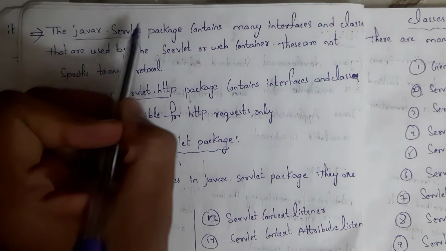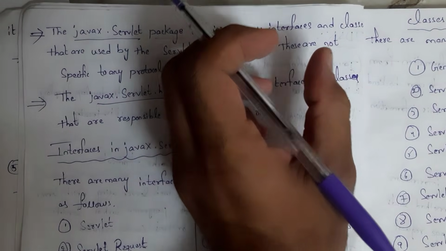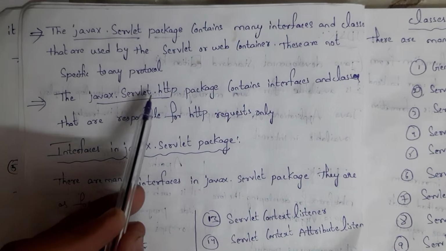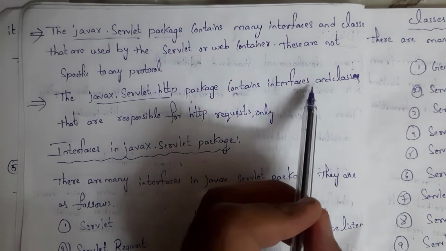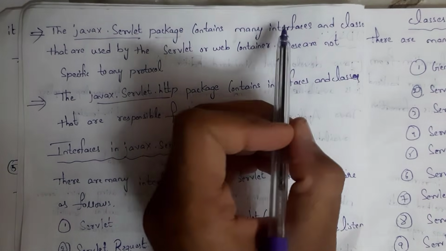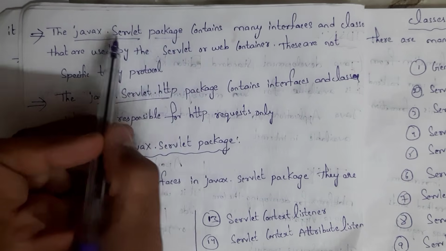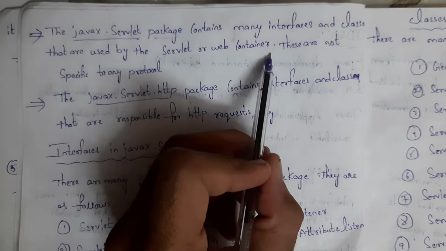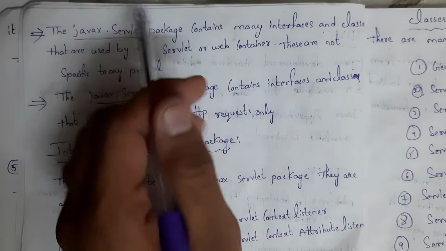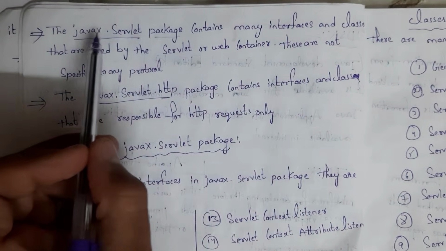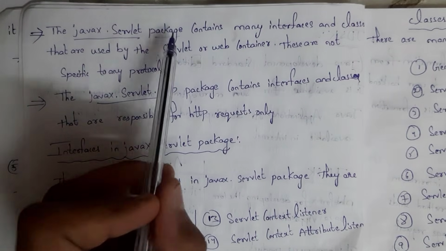The javax.servlet package contains many interfaces and classes. Similarly, javax.servlet.http also contains interfaces and classes. And the interfaces and classes in the javax.servlet package are used by the servlet or web container.